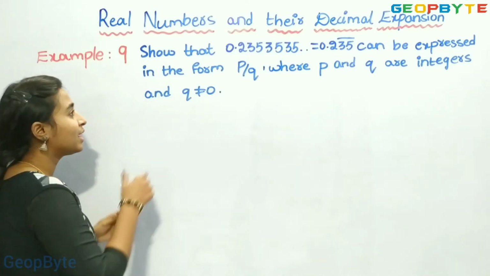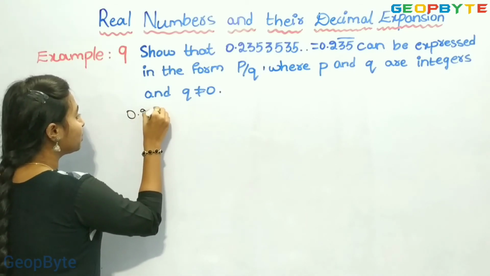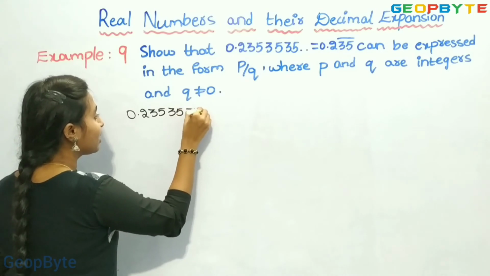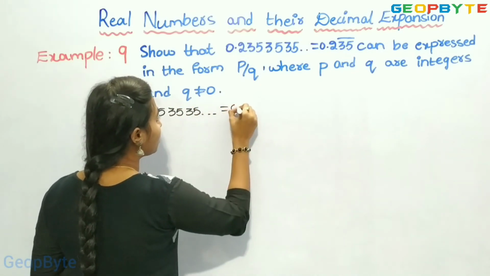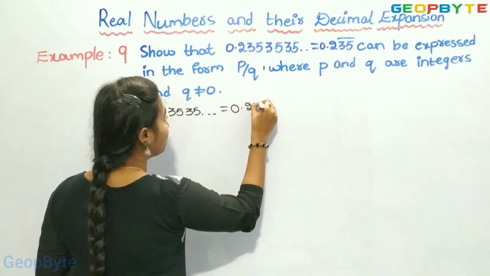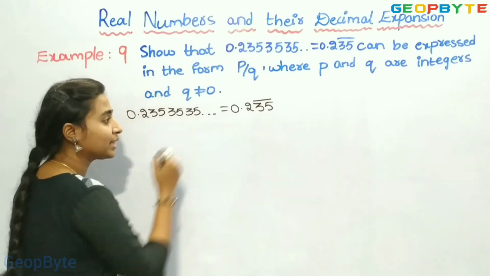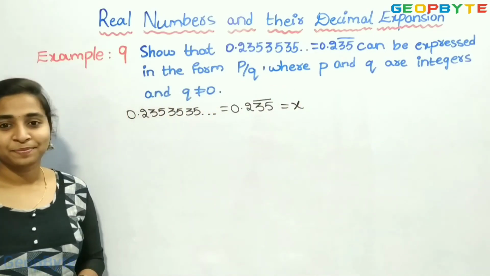See here, let us take 0.2353535 and so on, equal to 0.235 with the bar only over 3, 5. Let us assume it as X.